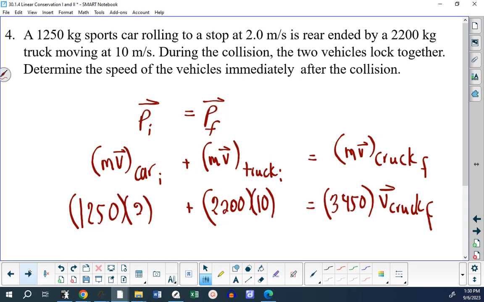You see where, Craig, where am I getting the 3450 from? Added the truck and car together. Right, I'm adding the two masses of the vehicles together.